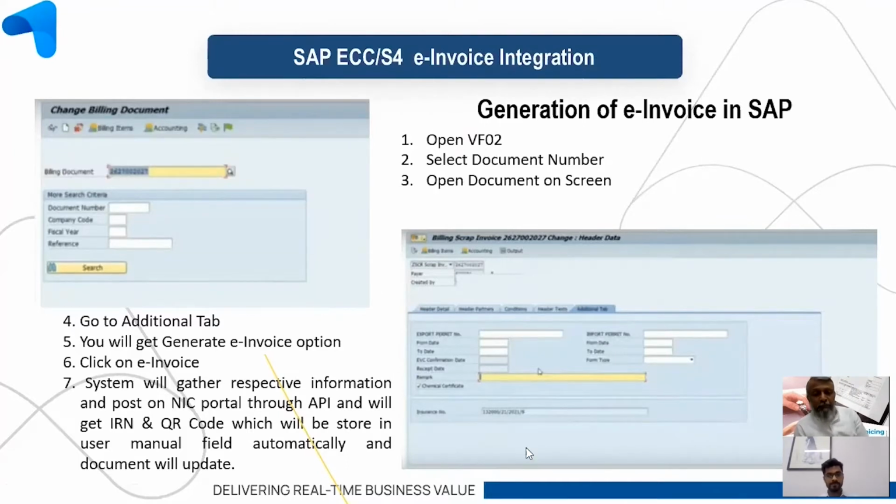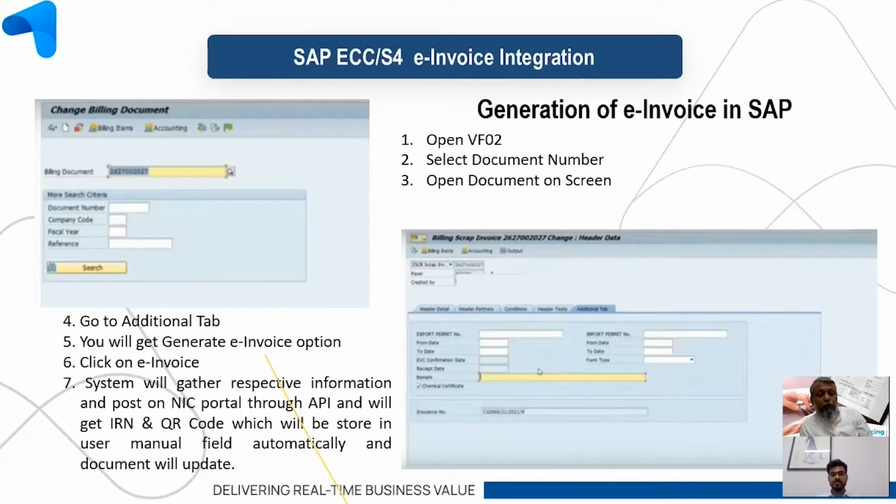As Suraj mentioned, being an ASP and ERP solution provider, we have done the integration of e-invoicing with multiple systems like SAP, Microsoft, Oracle, and others. Here is the landscape architecture. We have taken screenshots of the invoice integration with SAP ECC or S/4HANA.